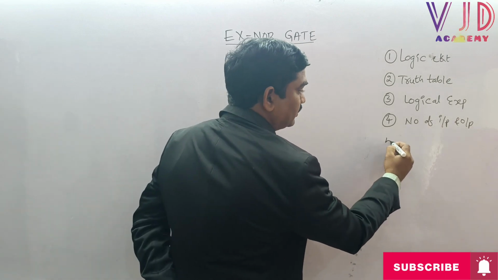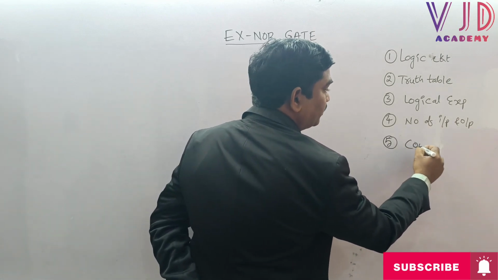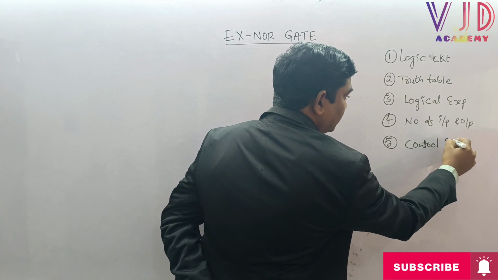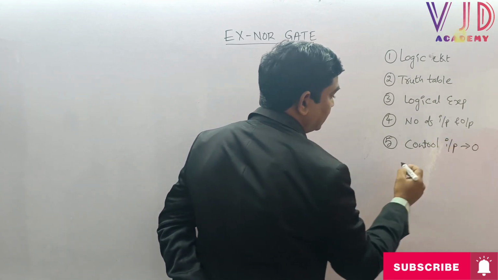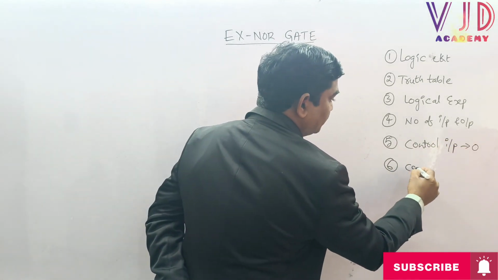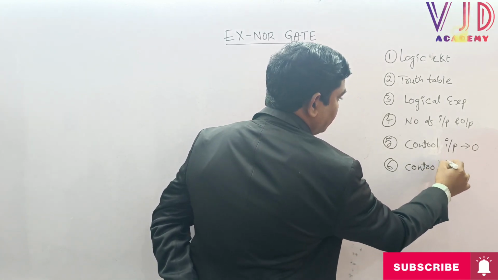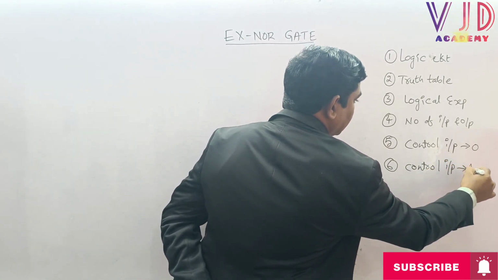And the fifth one, what is the control input zero case, and what is the control input one case.